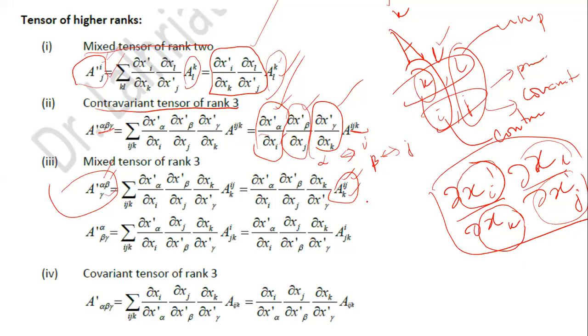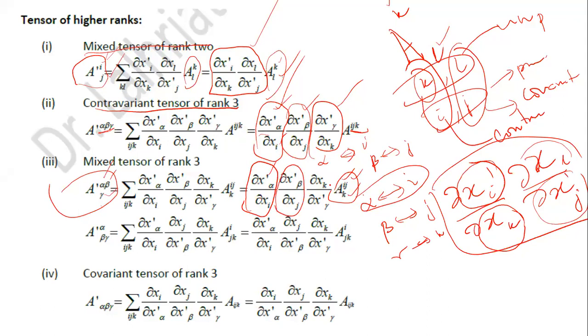So you can write down the transformation coefficient between alpha and I, between beta and j, and also between gamma and k. You know that alpha and I are the contravariant indices, so they have to follow the transformation coefficient such that the prime variable is in numerator. And similarly, beta and j will also follow.